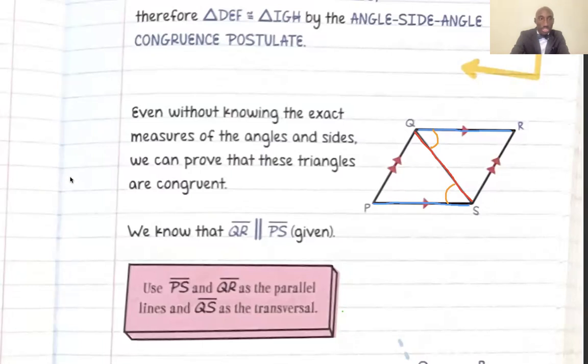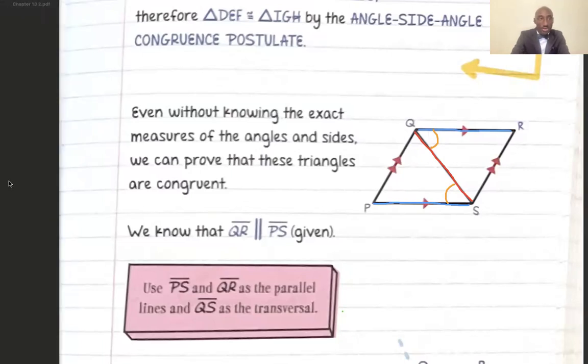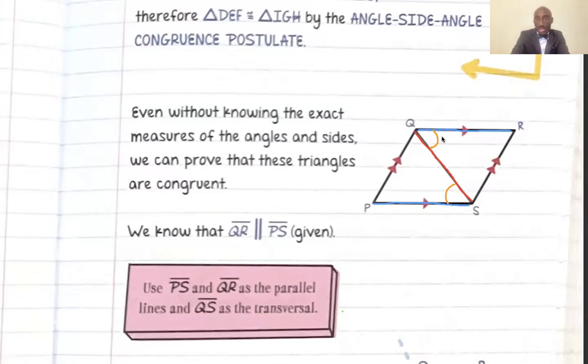Two pairs of alternate interior angles. Oh, well, you know what? Let's go back. We know that that's a pair of alternate interior angles, right? Right here. So those are congruent, right?